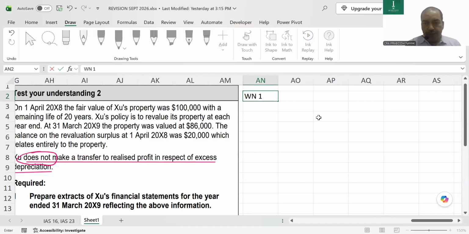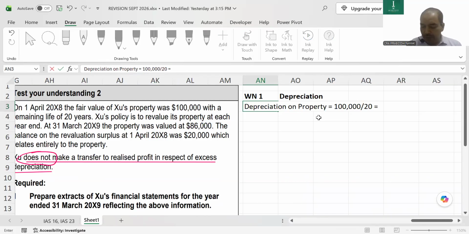So working note 1 on depreciation. Depreciation on property is equal to value of the property, $100,000, divided by life of the asset, that is 20 years. Okay. So that comes to $5,000.